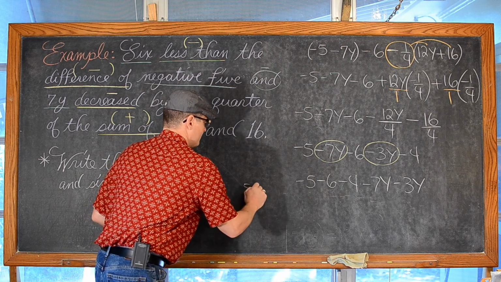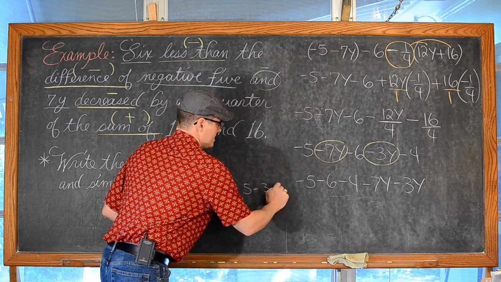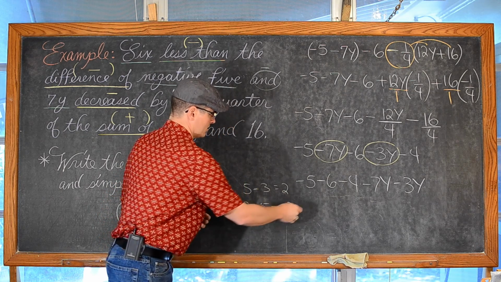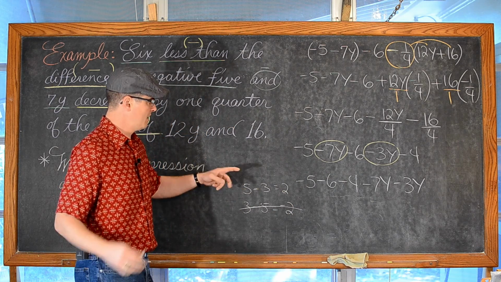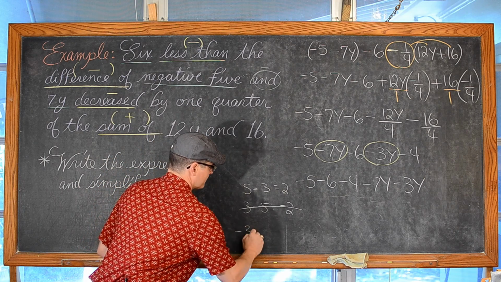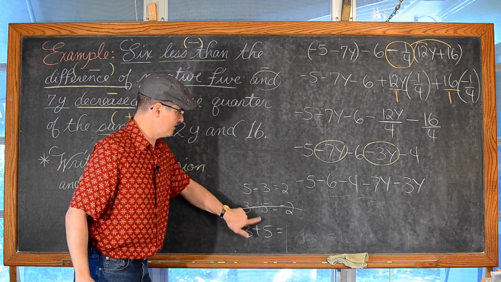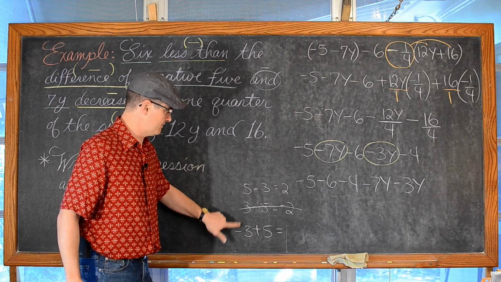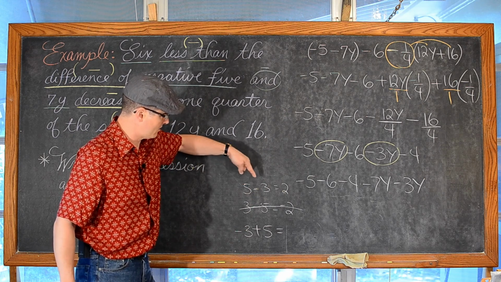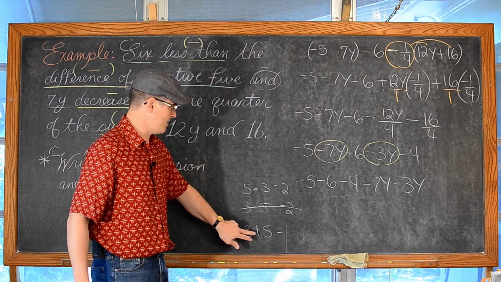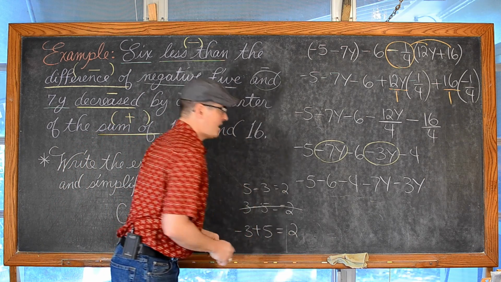Like 5 minus 3, well, that's equal to 2, but 3 minus 5 is -2. That's wrong, at least not if this is what it's supposed to be. But if I turn it around and I write -3 plus 5, I keep that 5 positive, not negative, and I keep the 3 negative, not positive. So I'm moving the terms around, but I'm moving the signs with them. Then I'm still going to get a right answer. -3 plus 5 is +2.